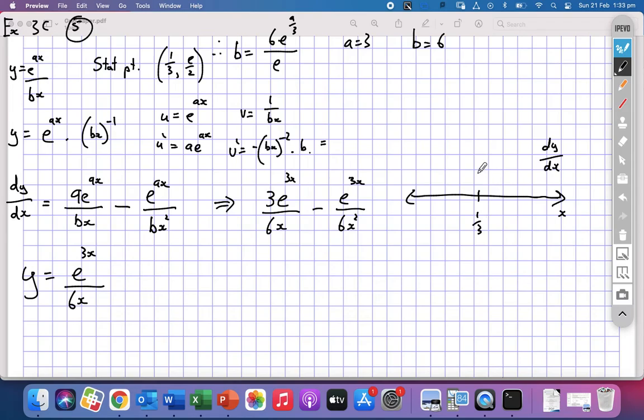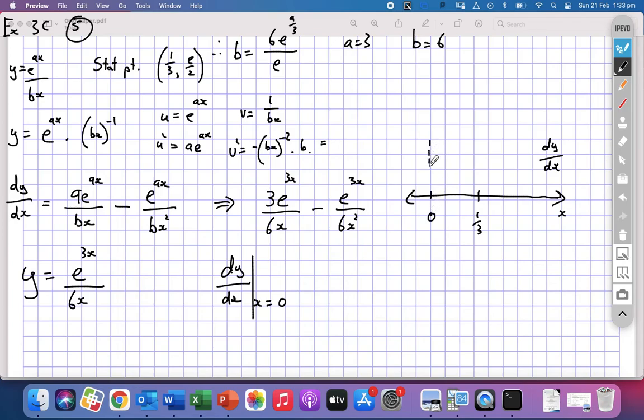So maybe I want to look to the left and test the number 0. What would the derivative be in this region lower than 1/3, where x is 0? Okay, and it would be undefined. It's an asymptote.